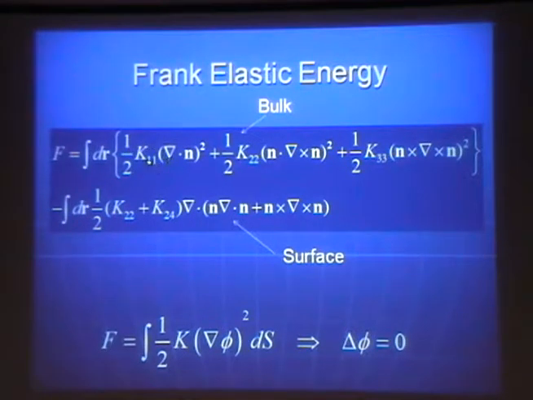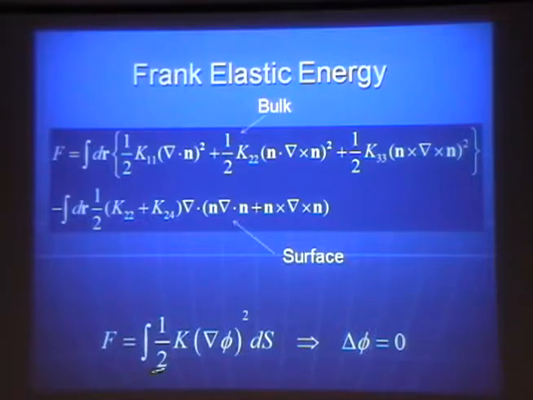And we also assume K11, K22, K33 to be equal to each other, which is the crudest form of approximation, known as the one-constant approximation. So we are talking only about the azimuthal angle variation and a single elastic constant.